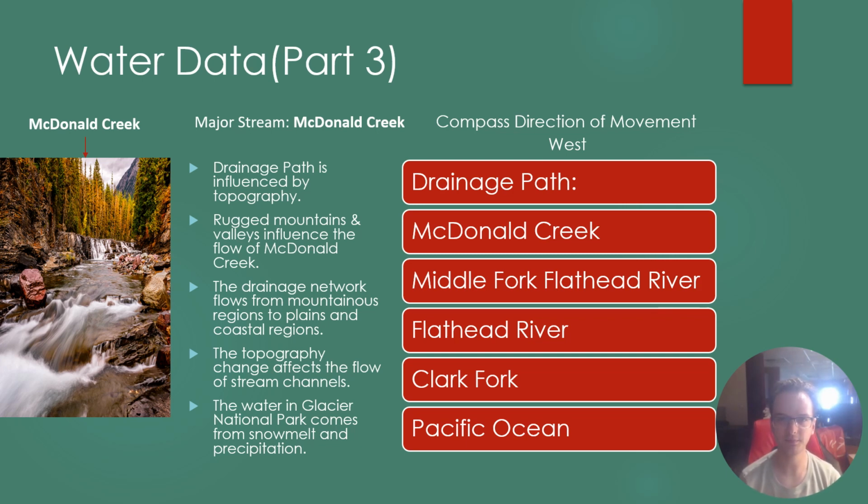So we can see that it moves from northwest to west, and the topography kind of changes, and it ultimately affects the flow of stream channels, and it actually determines the narrowness or wideness of these areas. A lot of the water from Glacier National Park ends up coming from precipitation or snowfall, and this ends up flowing into smaller streams and creeks that ultimately merge into larger rivers.